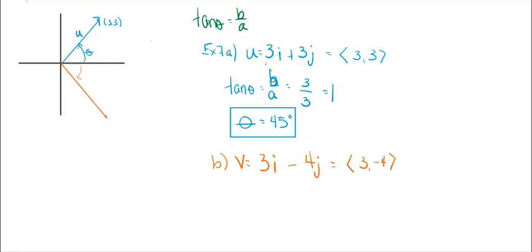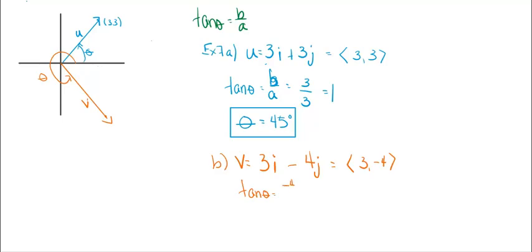I need theta. Let me erase this real quick. I need theta to go here in the counterclockwise direction, and it's a very large angle. Okay, so I'm going to have to do some figuring here, and that's why you always want to draw it. Now the first part's fairly simple, straightforward. Tangent of theta is b over a.